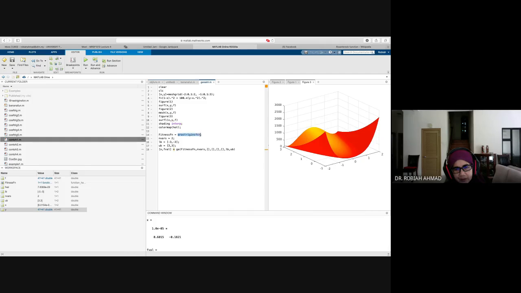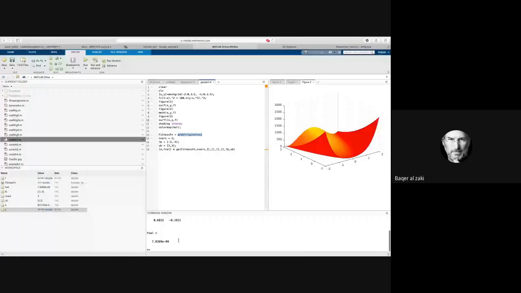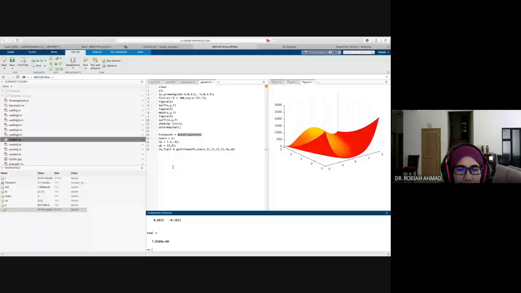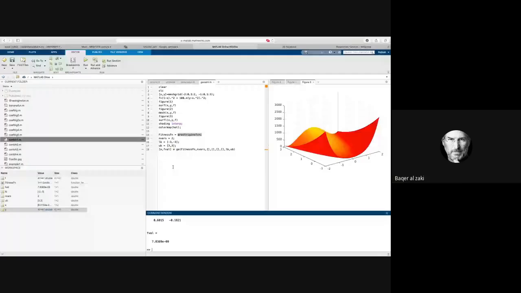Is this function already built in? I'm not sure. Can you check, guys? Sorry, I think I can't see it. It's too small. Is this function already built in the Matlab?